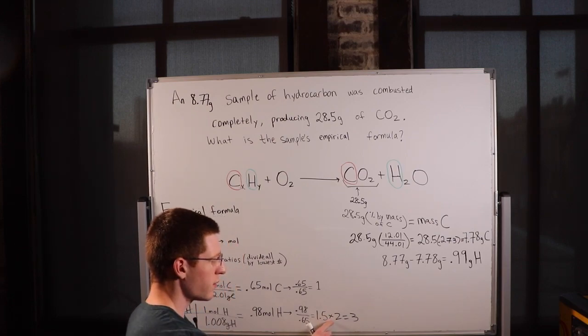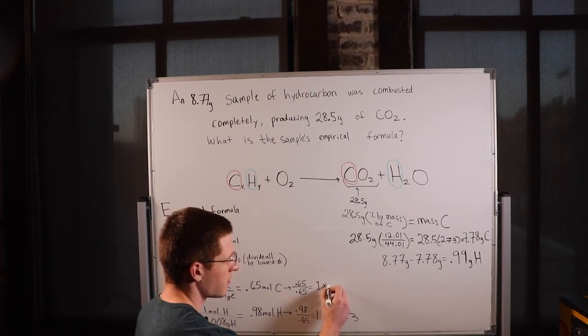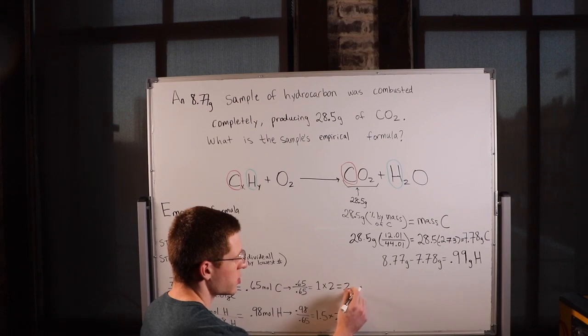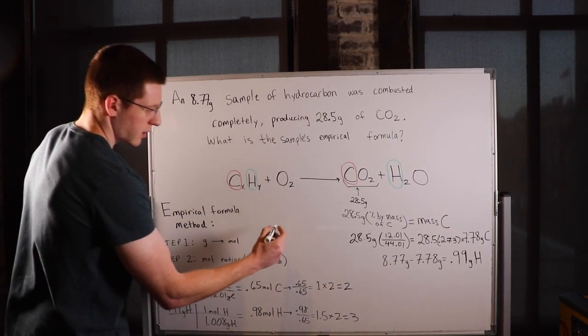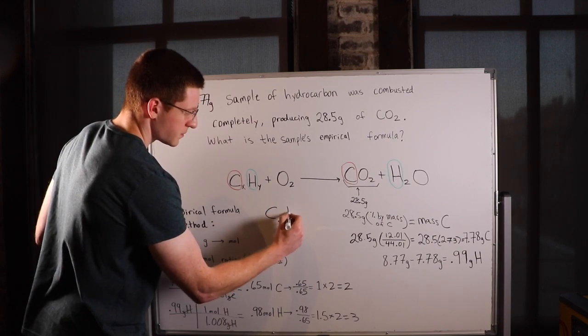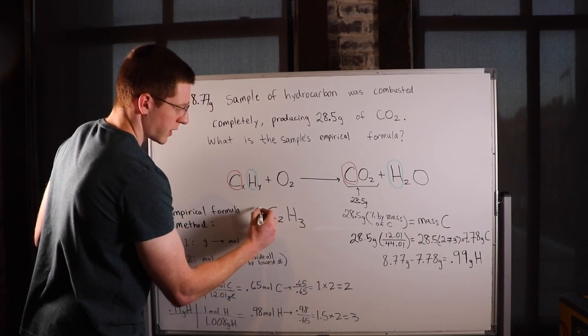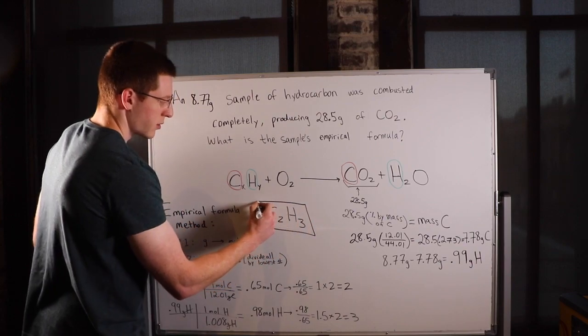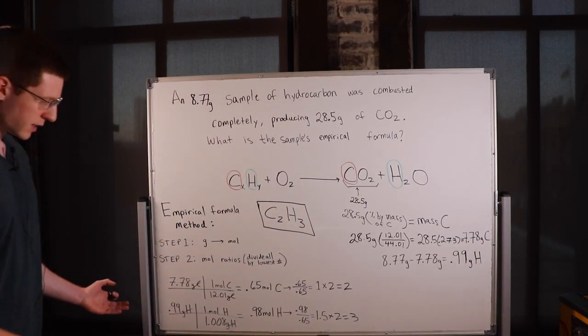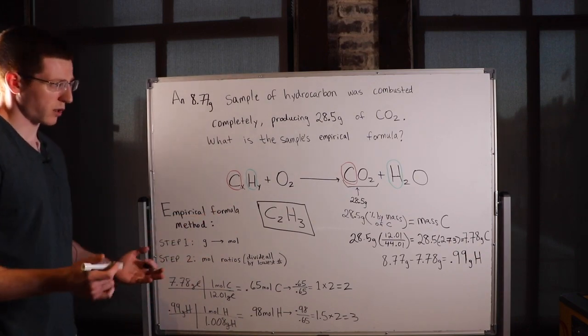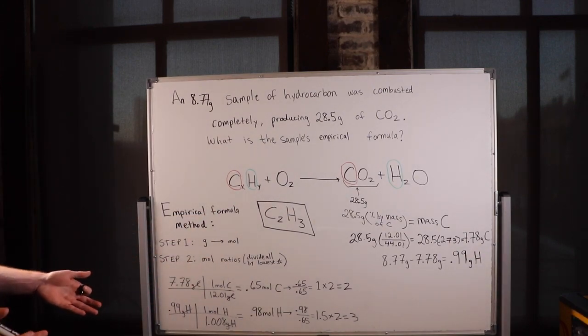But whatever we do to one of these numbers, we have to do to all of them. So this will be 2 and 3, and now they're both whole numbers. So your empirical formula here would be C2H3. So this is actually not a real compound. You're not going to find that in nature, but this strategy is going to work for all of these empirical formula problems, so I hope that made sense.